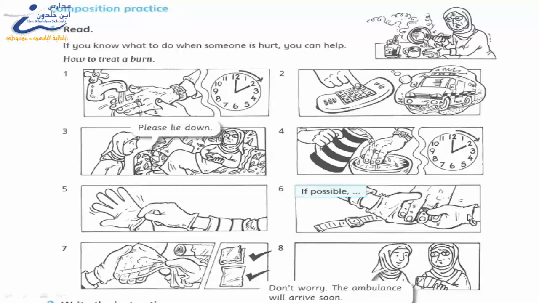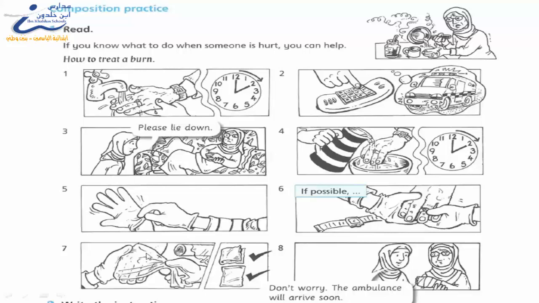Why do you think she is wearing the gloves? Exactly, we said that in the previous lesson, to prevent infection.